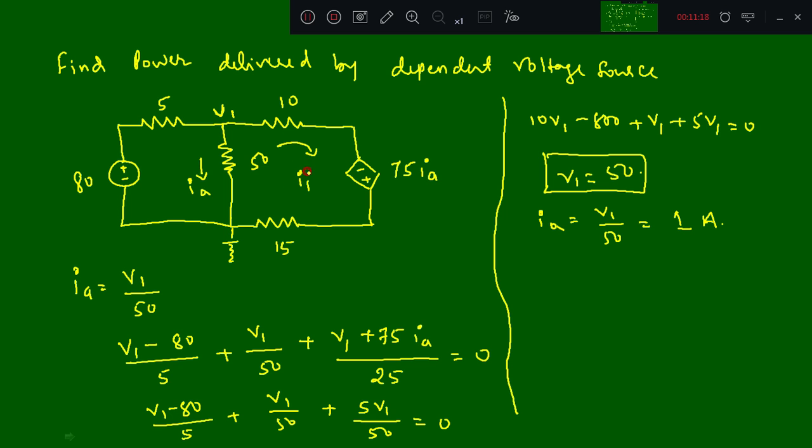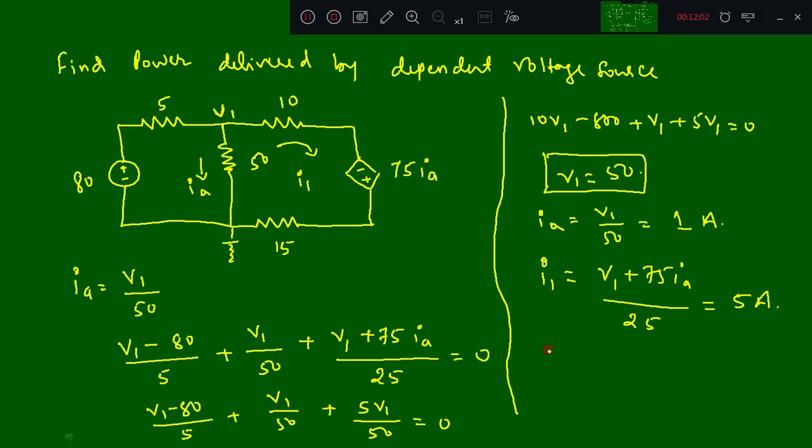I1 is the potential difference between this and this divided by the resistance, so I1 is equal to (V1 plus 75 IA) divided by 25. Substituting V1 as 50 and 75 into 1 ampere, that is 125 divided by 25, we get 5 amperes.